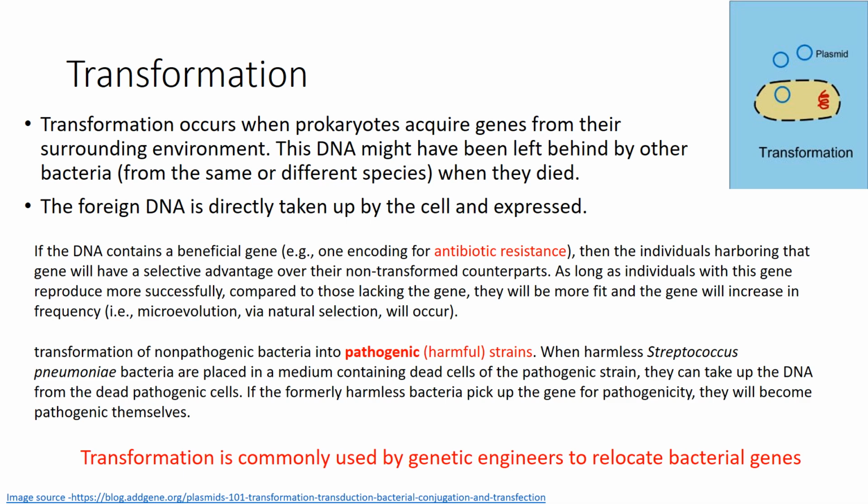So this DNA, which is shown as the plasmid in this image on the right side, because we are still connecting it with molecular biology, this foreign piece of DNA is then directly taken up by the cell. It's a naked piece of DNA and is expressed.